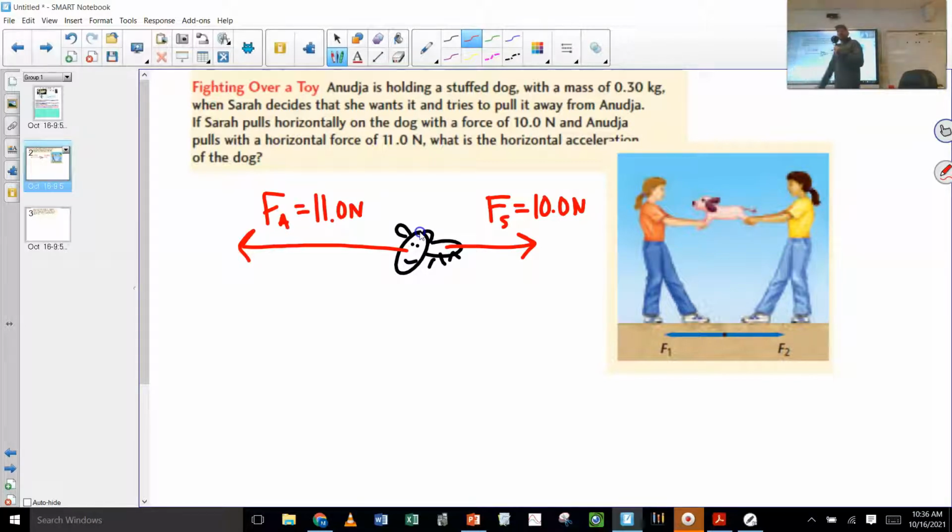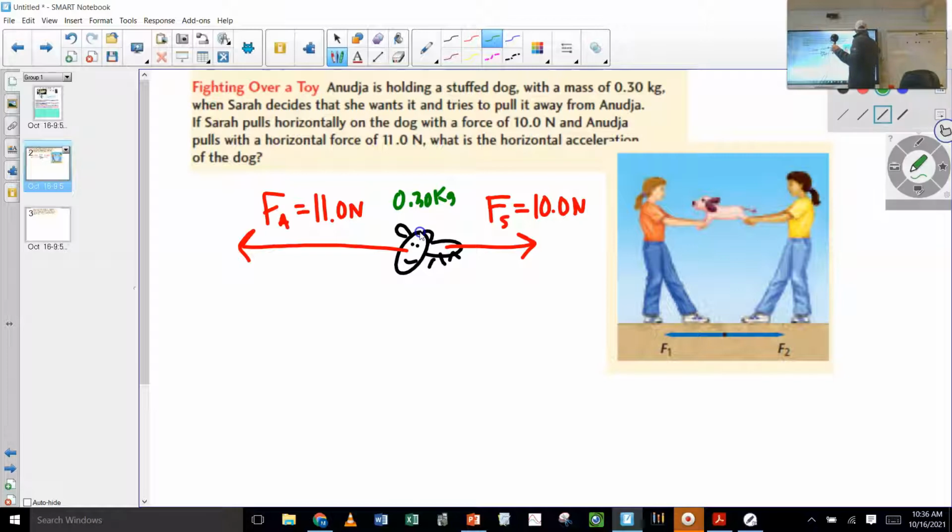I make my forces in red. And then I'm going to label the mass of the dog in green. So when I do this problem, I'm going to go F equals ma. Now it's the net force.